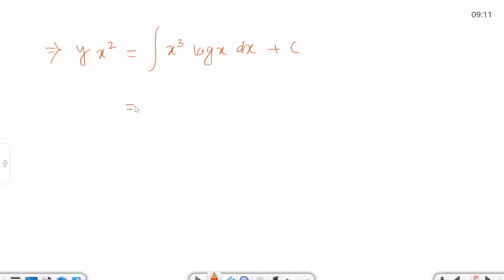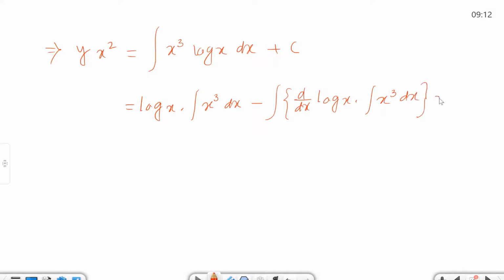So I write log x as the first function: log x into the integral of x cube dx, compulsory minus the integration of d/dx of the first function, log x, into the integral of the second function, x cube dx, and is equal to x cubed integral result x to the power 4/4, so x power 4 log x by 4.